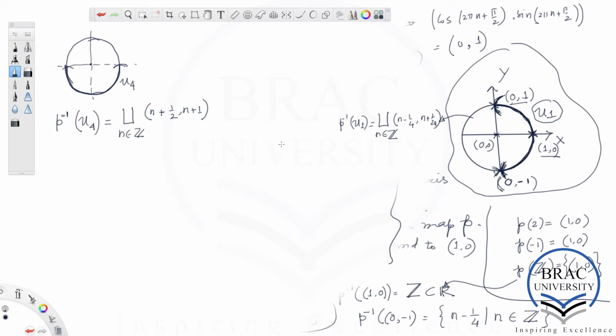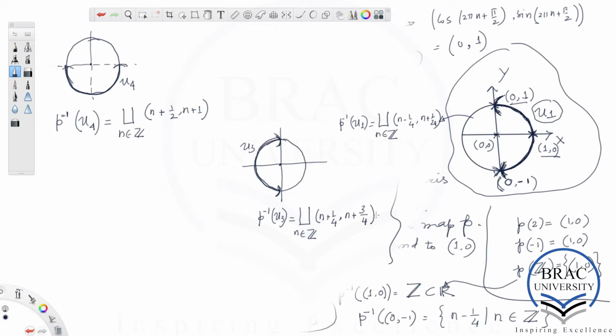And you can go on to see that this arc U3 has a pre-image equal to the disjoint union of the following open intervals: n + 1/4 to n + 3/4.